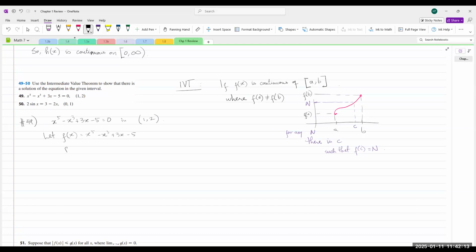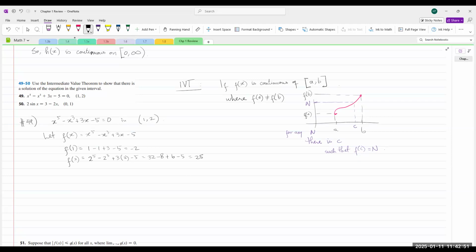Now f(1), if I plug in x equals 1, is 1 minus 1 plus 3 minus 5, that is negative 2. f(2) equals 2 to the fifth minus 2 cubed plus 3 times 2 minus 5. That's 32 minus 8 plus 6 minus 5. That is what? 25.